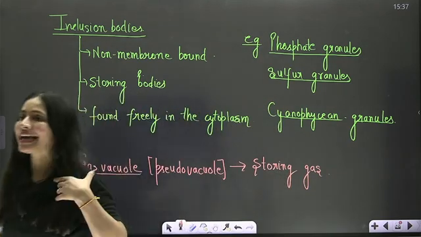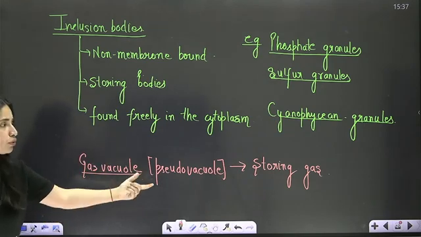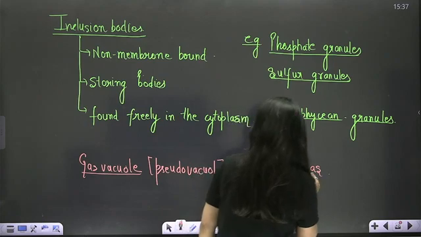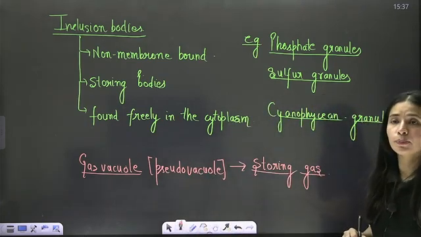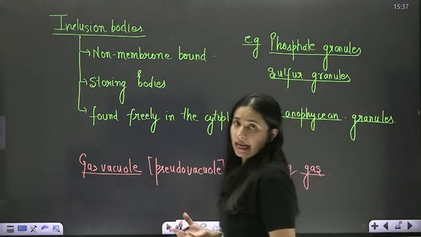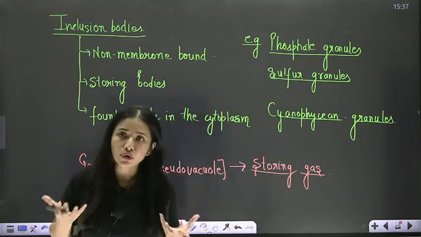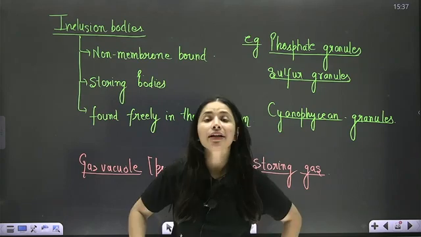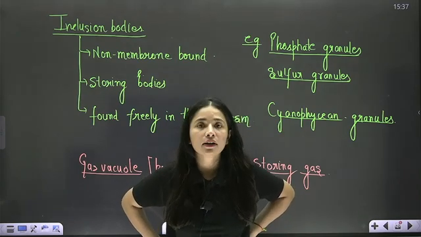So these gas vacuoles, also called pseudo vacuoles, are basically responsible for storing gas, thus providing buoyancy to the cell so that it can simply float on the surface of water. They are restricted to cyanobacteria and some purple green sulfur bacteria.